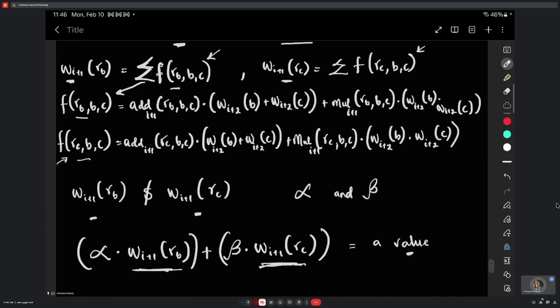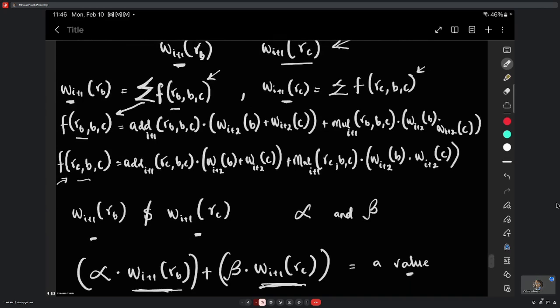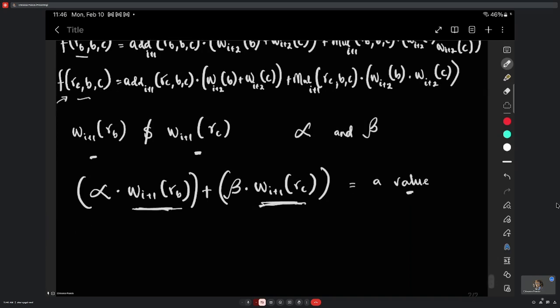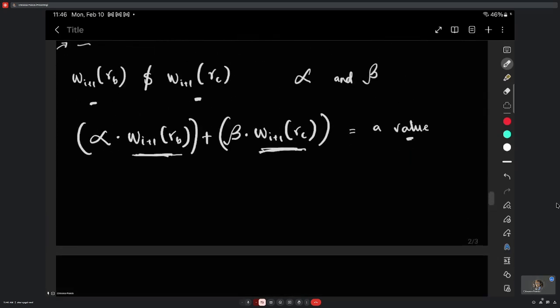So is everything clear up to this point? Everything is clear, right? Okay, so now let's work with the polynomials f of r_b and f of r_c. Still the same thing we did, right?